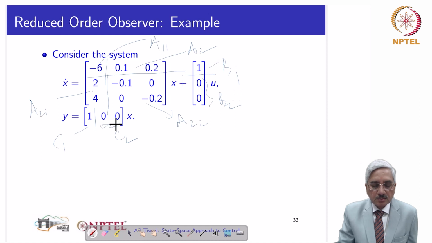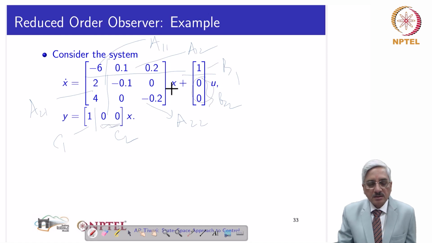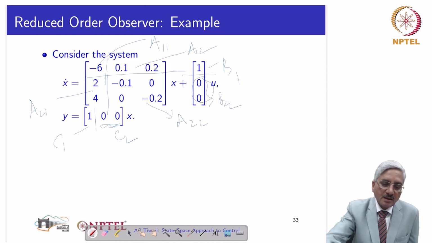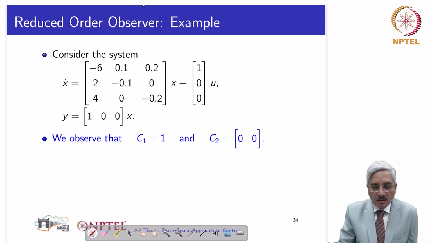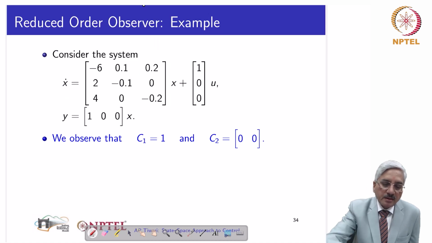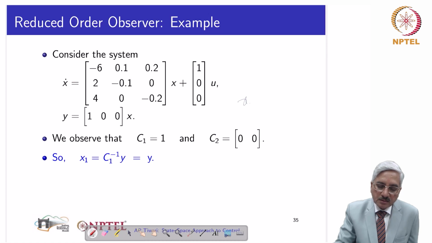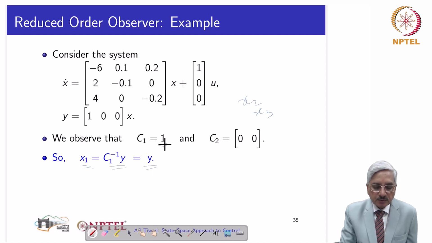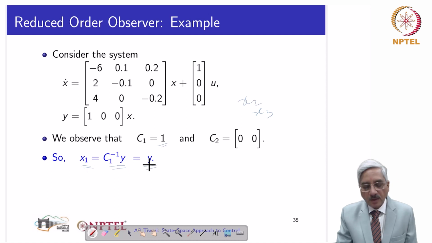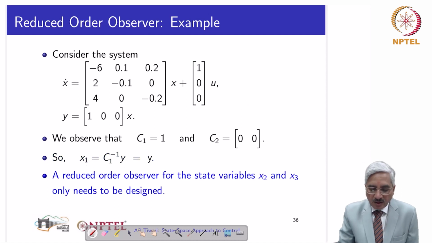C2 has to be 0, B2 in this case is incidentally 0. So for this system, we have to design a reduced order observer only to estimate the states x2 and x3, because x1 comes directly as y, C1 inverse y, and because C1 is 1, so x1 becomes straight away y, and x2, x3 are to be estimated. So observer is required only for the two state variables x2 and x3.